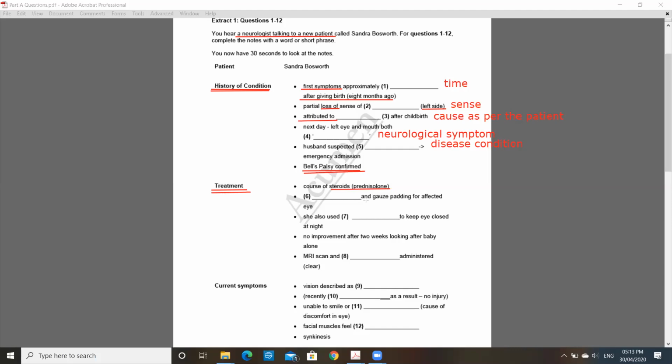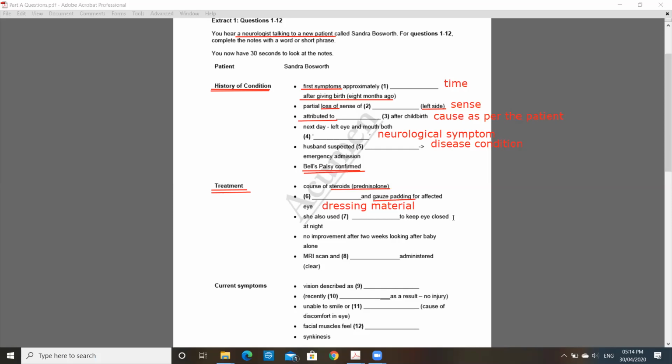So whenever you connect something with and on both sides, you have similar kinds of things because they both were used for the affected eye. So can I think that this has to be probably one of the dressing materials, or it could be something that was applied along with gauze padding.